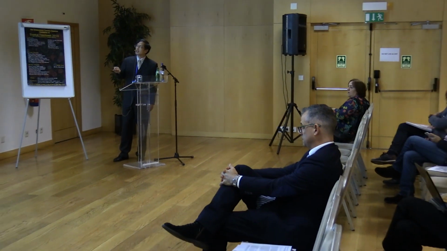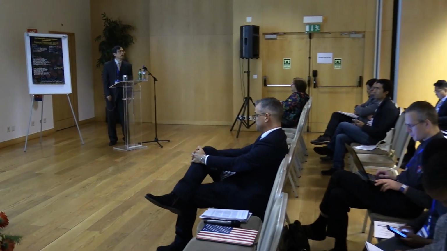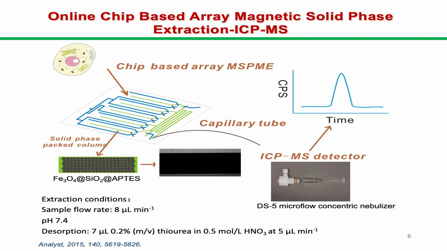In this case, this is a typical chip-based liquid phase microextraction. As you can see, we can base it on the laminar flow, and the target analyte diffuses from the aqueous phase into the organic phase. And then we connect the organic phase for subsequent ETV-ICP-MS determination. And we also can integrate magnetic solid phase microextraction into the microfluidic chips and try to develop chip-based magnetic solid phase microextraction.